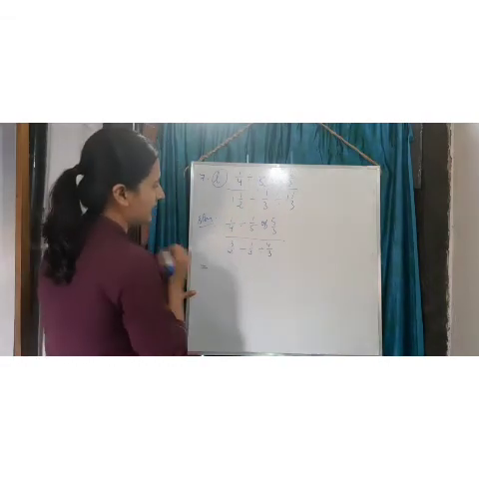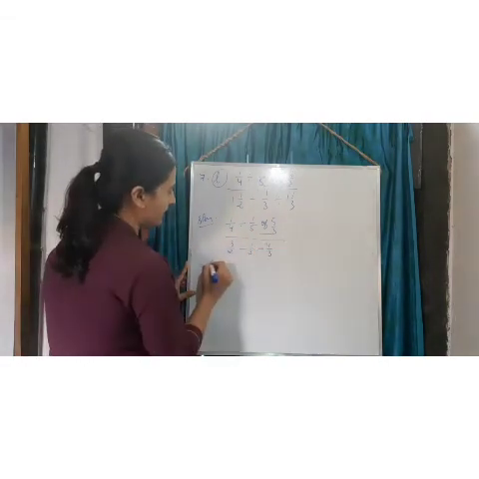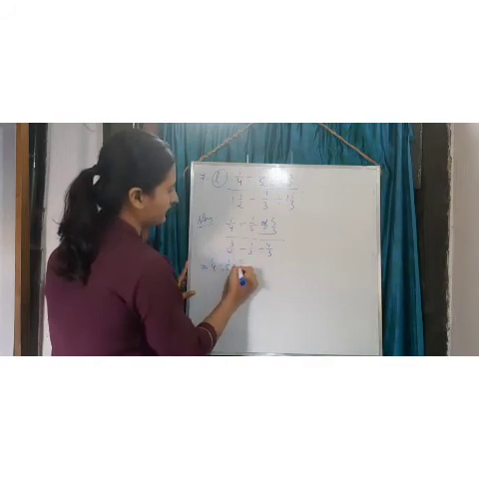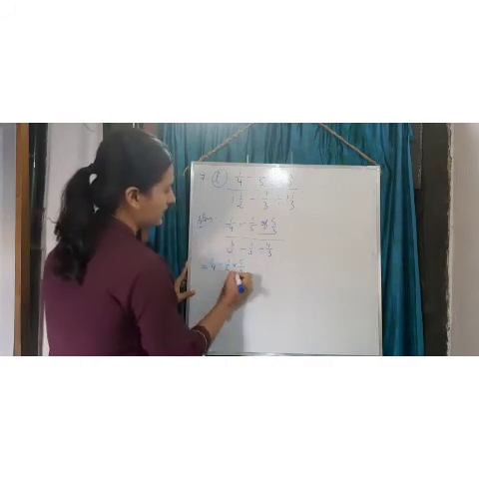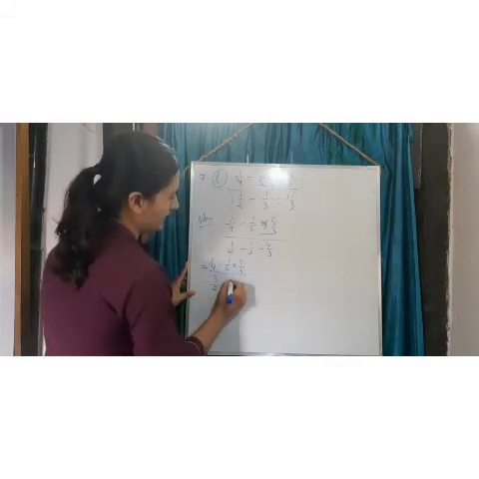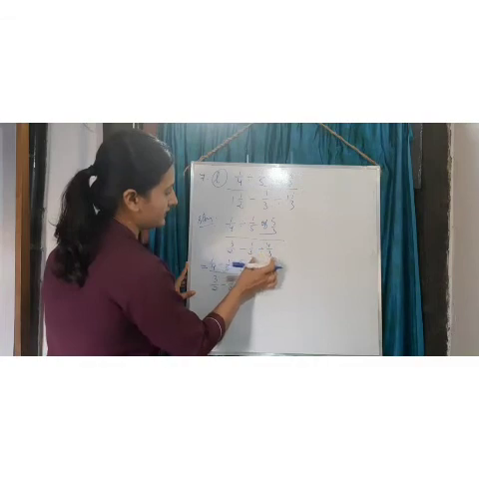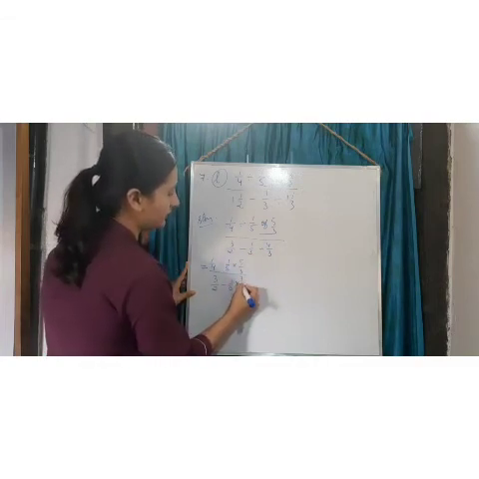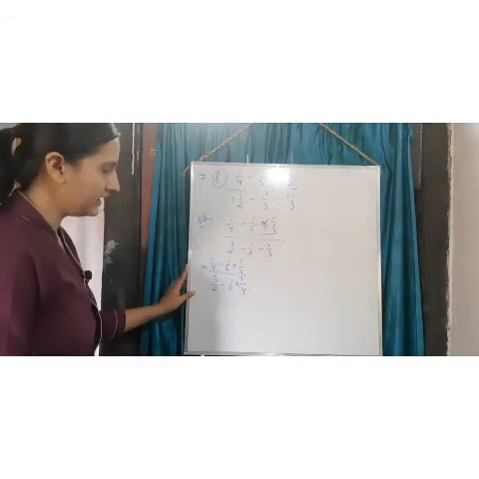Then what will we do next? Let us solve this. 1 by 4 divided by 1 by 5 into 5 by 3. Okay. And below, 3 by 2 minus 1 by 3. See, division will come, isn't it? So let us just change the sign into and it will become 3 by 4. Correct?